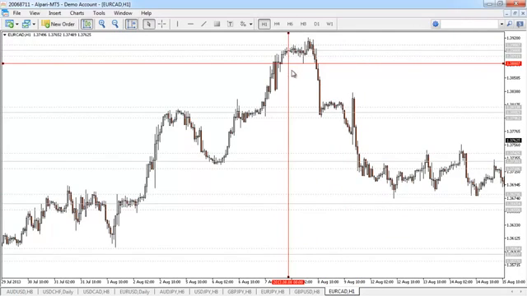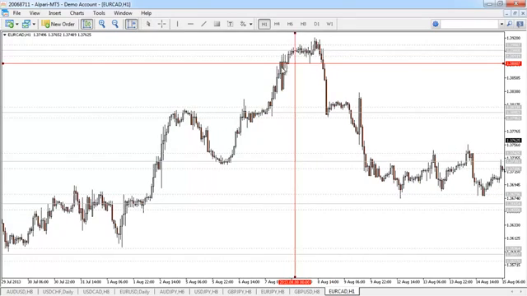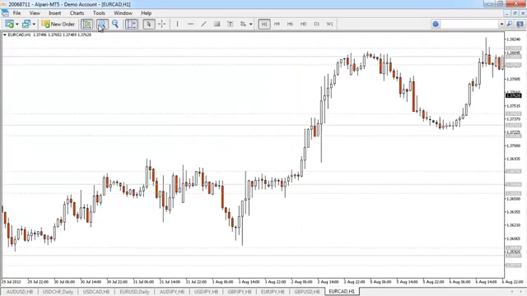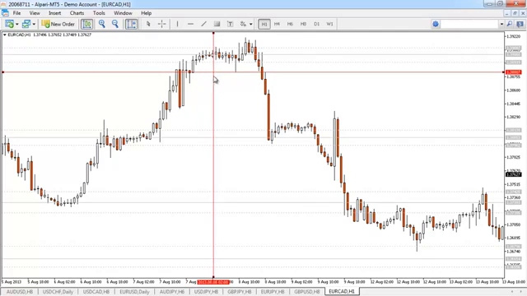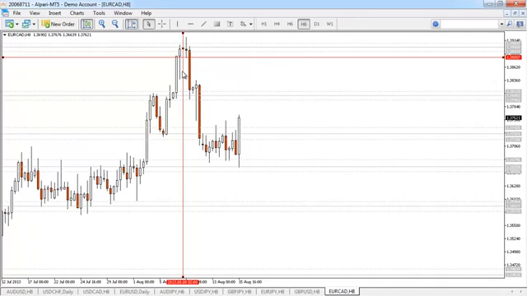Okay. Let's zoom in here. Wait, I think I put this line on the wrong area. Damn it. Here we go.